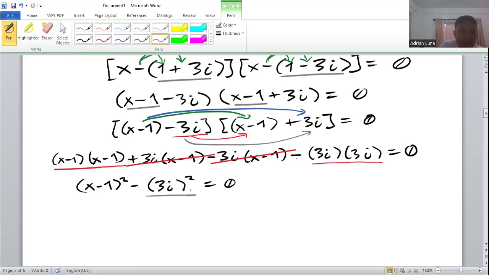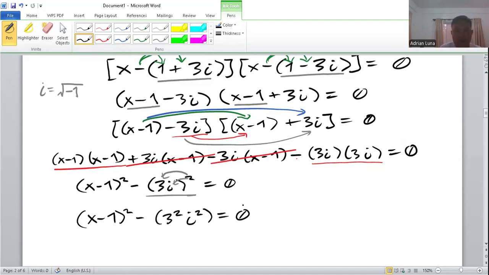Siya nga pala I is simply equals to the square root of negative 1. Okay, so ang mangyayari is we're going to distribute this sa loob ng exponents. Didistribute natin si 2 kay 3 at kay I. So ang mangyayari is x minus 1 or the quantity of x minus 1 squared minus 3 squared I squared is equals to 0.